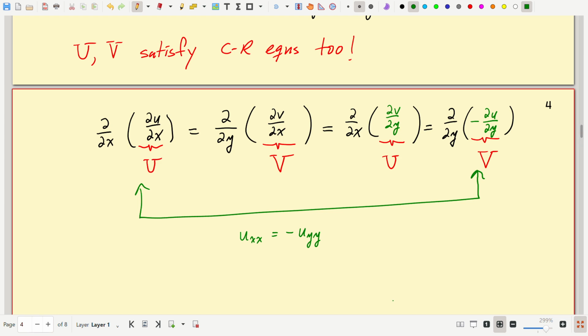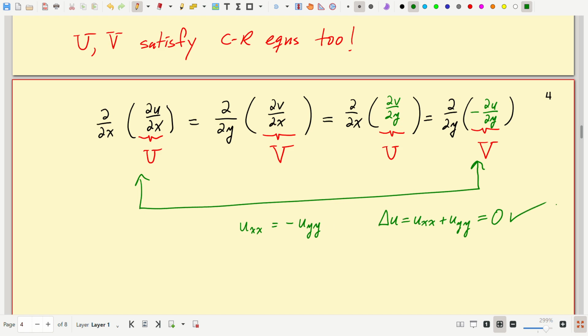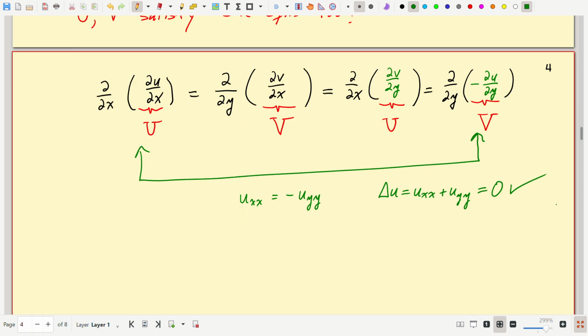That's the Laplace equation. Laplacian of u is equal to du dx dx plus du dy dy, and we see that that's 0. That shows that u is harmonic. And similar work would show that v is harmonic. Let's see, where's the v one? I'd have to do it again for the other one.